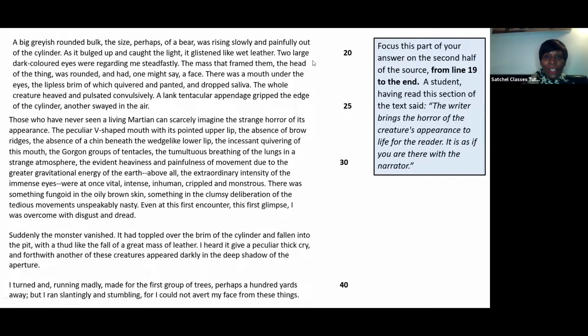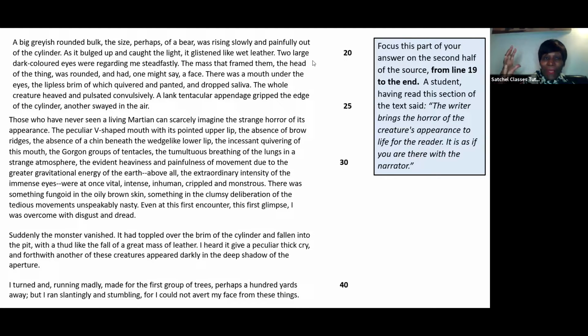A big, grayish, rounded bulk, the size perhaps of a bear, was rising slowly and painfully out of the cylinder. It bulged up and caught the light. It glistened like wet leather. Two large, dark-coloured eyes were regarding me steadfastly.